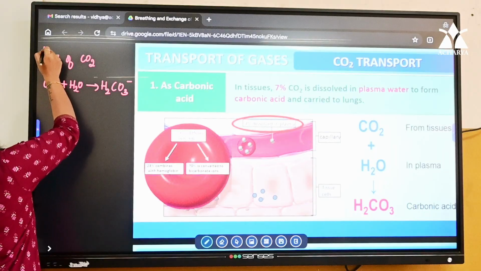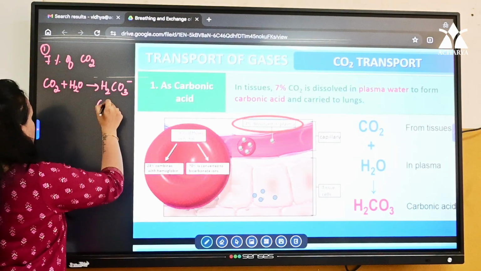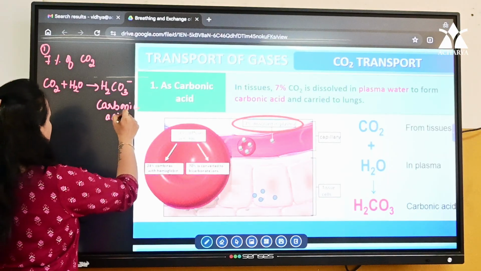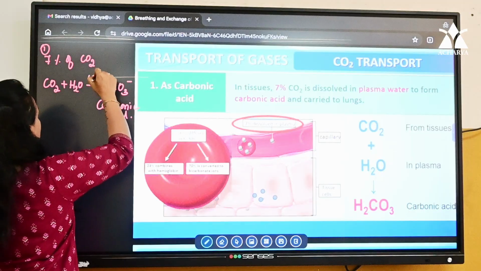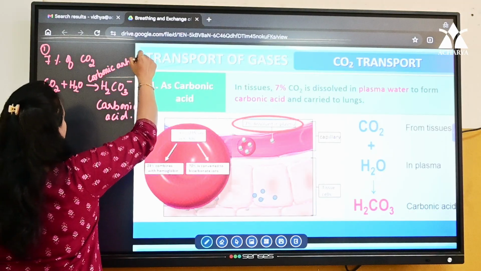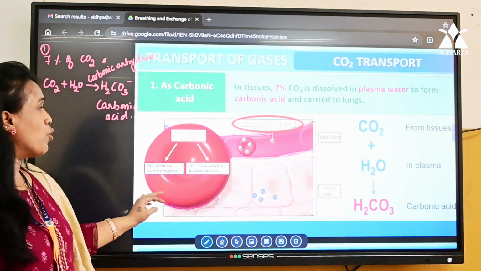That is one way of carbon dioxide transportation. This carbonic acid is formed in the presence of an enzyme called carbonic anhydrase, with which the reaction rate is more.